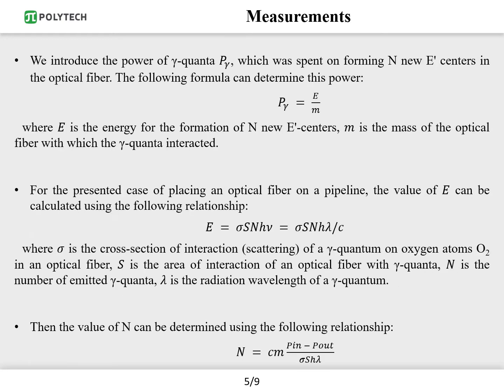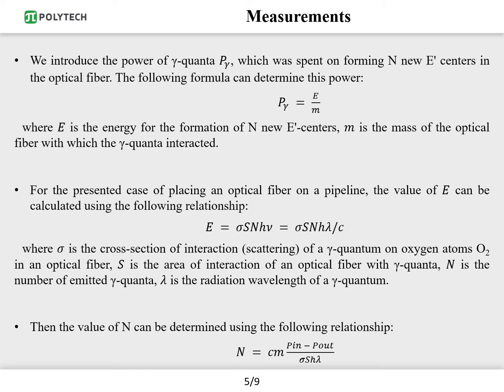Next, we introduce the power of gamma quanta, which was spent on forming n new E-centers in the optical fiber. So in this case, the value E can be calculated also by this formula, and then we can find the value of n using the following relationship.